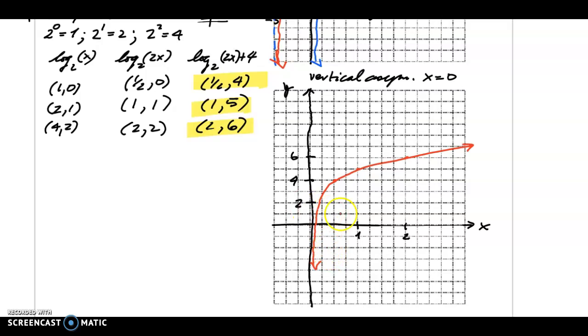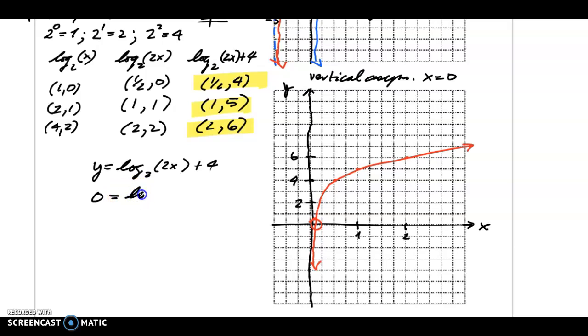Right? So I could actually find that point. So if I have y equals log base 2 of 2x plus 4, that's when y is 0. So this is 0.